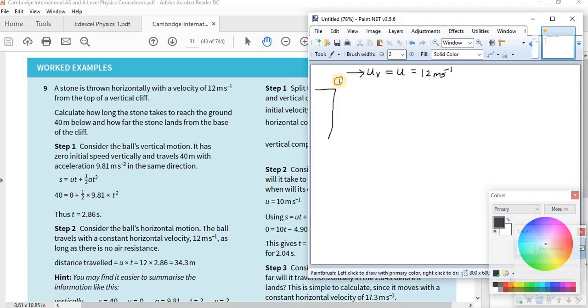Now what happens is, because it is projected horizontally, the initial vertical velocity uy is 0. Okay, this is very similar to the first question we did. And we are supposed to find how long it takes. So the time it takes to go from here to the ground, let's call it t.